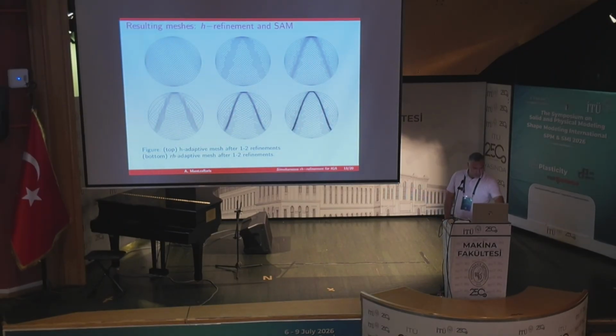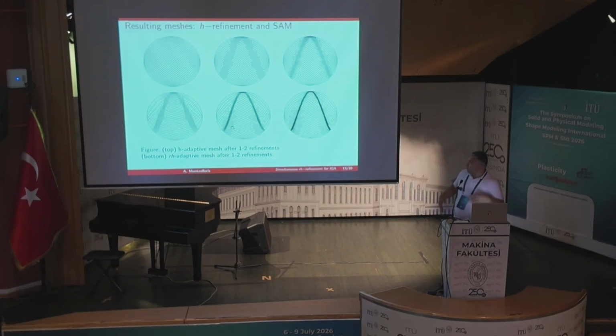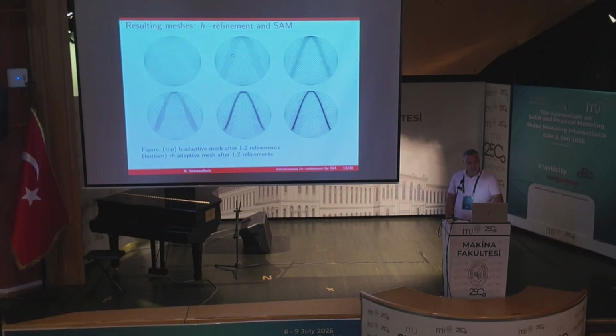Again, these are some meshes with simultaneous refinement. On the top, you have pure H refinement, and on the bottom, you have H refinement enriched with R refinement. In practice, what do we see? In R refinement, what is important is that the mesh can be aligned to your features. No matter how far you do H refinement here, the parameterization cannot rotate, it is fixed.